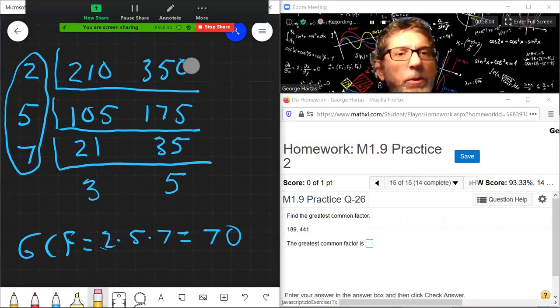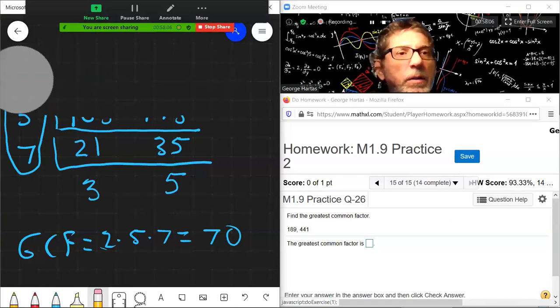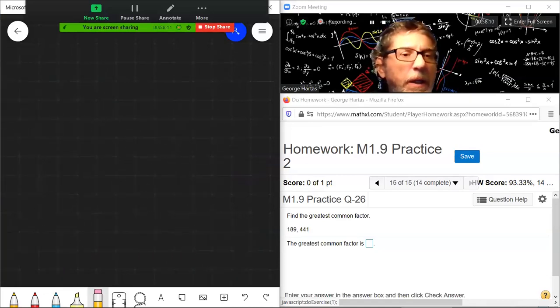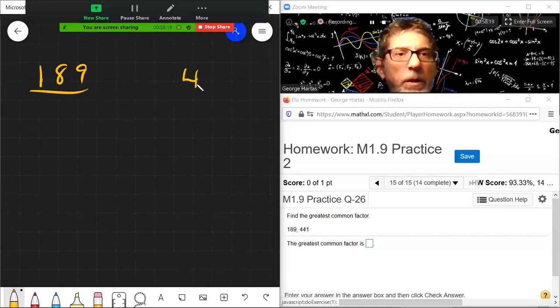Let's go back to the factor tree. So we have 189. We have 441. Not easy numbers.